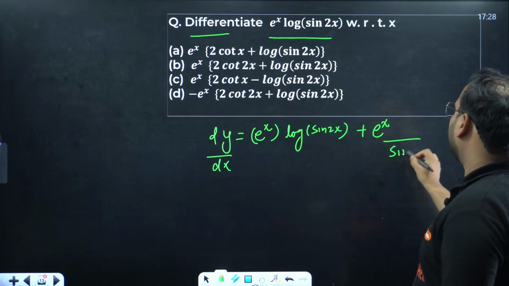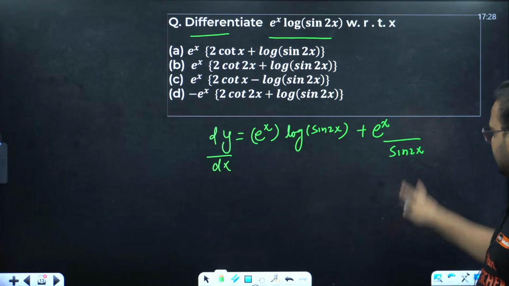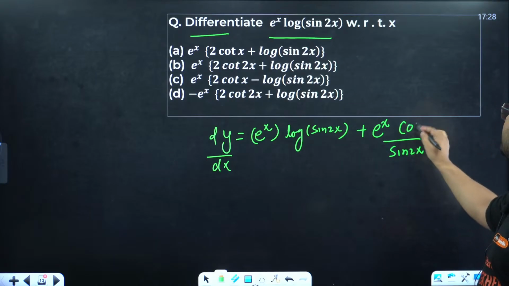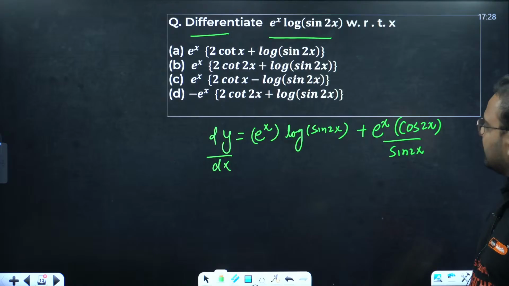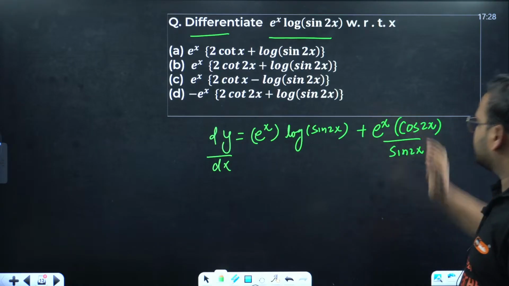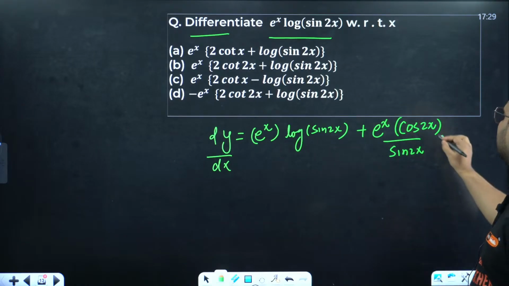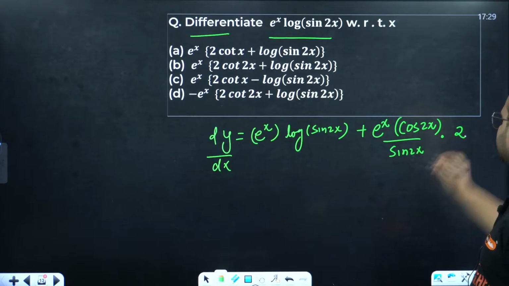You get sin 2x in the denominator. Derivative of sin 2x is cos 2x, positive only, into the derivative of 2x, that will be 2.